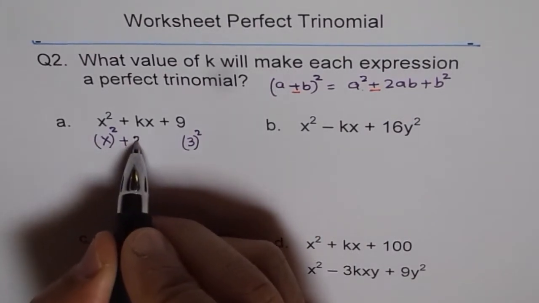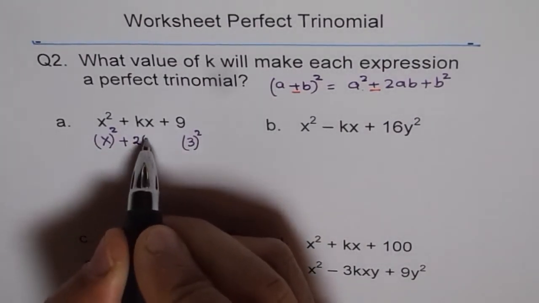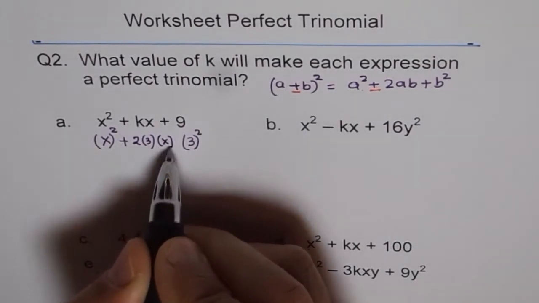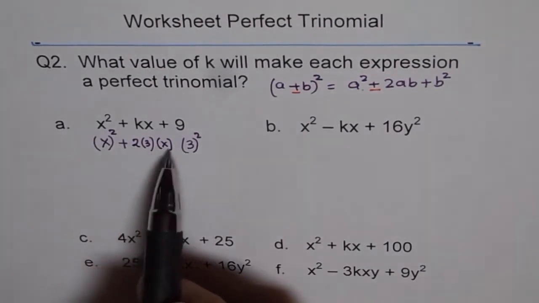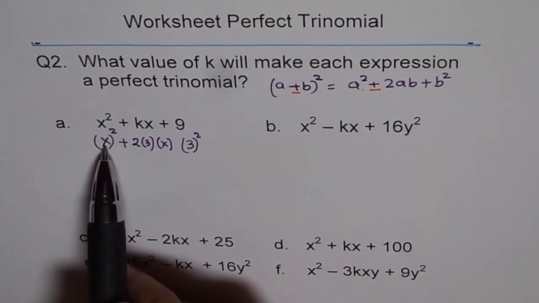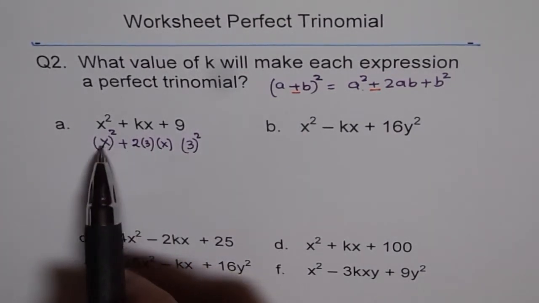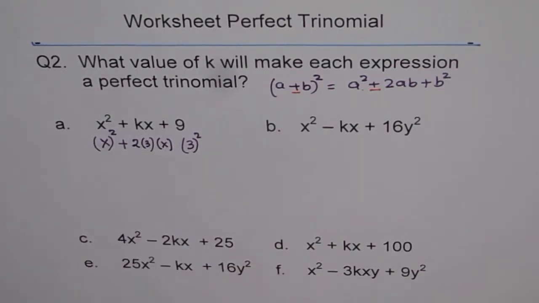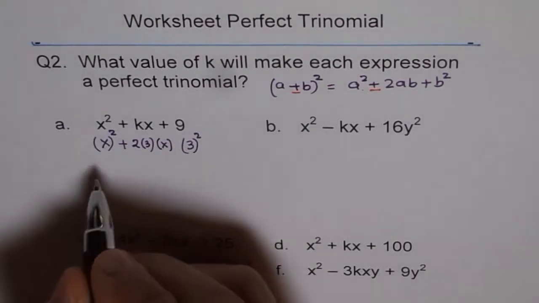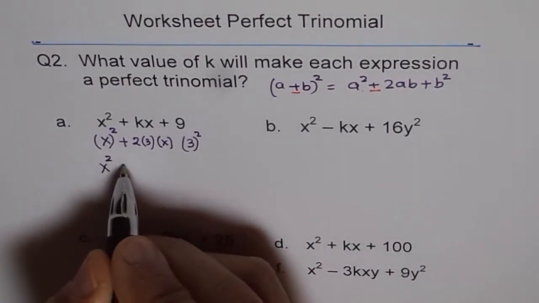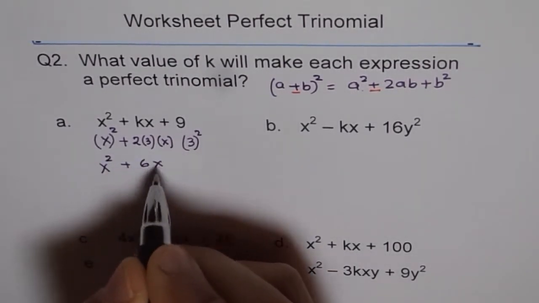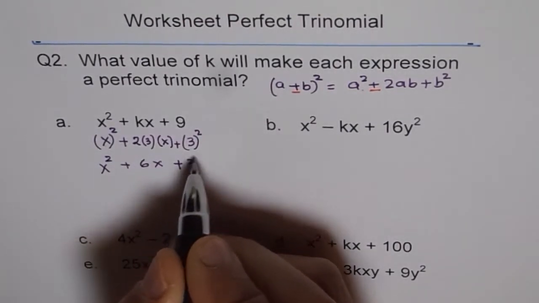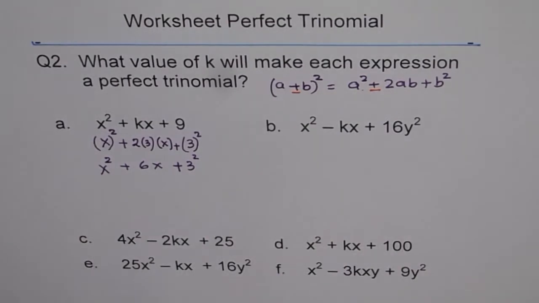Let me write 3 first and then I will write x. So if I have a center term which is twice a and b, which is twice x and 3, which is 6x, then this becomes a perfect square. That means my term should be like this, x squared plus 6x, here it is plus, right, plus 9, so plus 3 squared. So that makes it a perfect square.